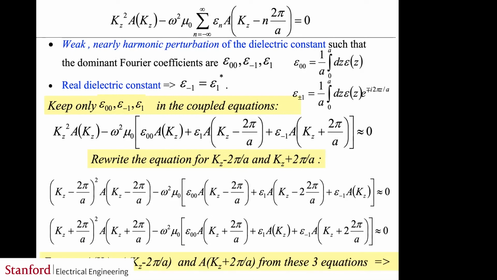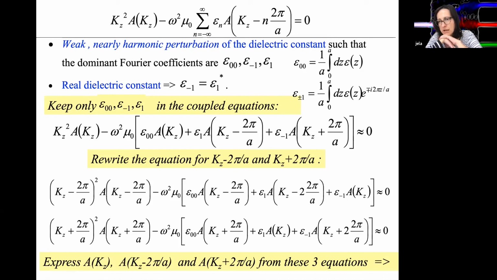So, in what kind of situation will this approximation fail? We may also ask you to look into this in homework, what is happening with actual periodic structures. But this would be exact if your dielectric constant is sinusoidal, for example. So you have some average value and you have a sinusoidal perturbation on top. But in most realistic cases, the first Fourier coefficient is also the strongest.